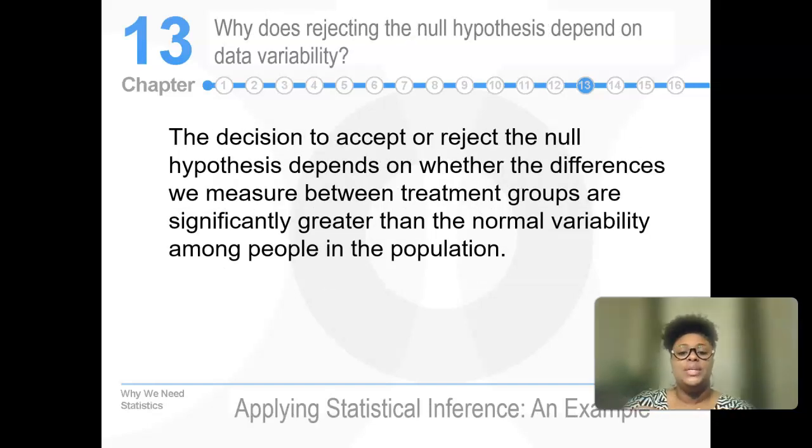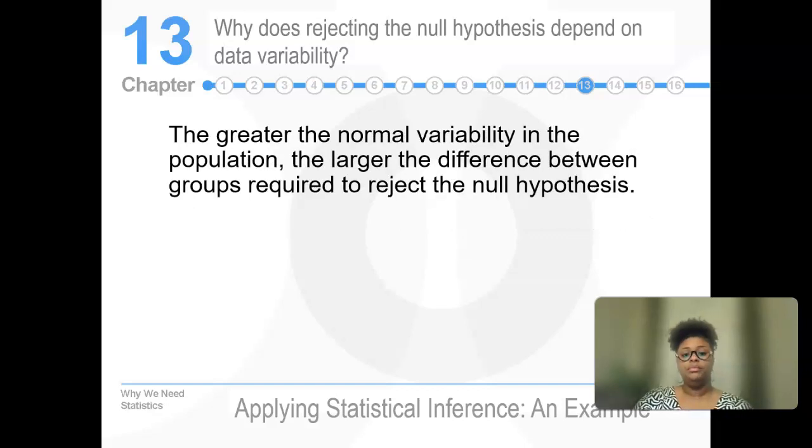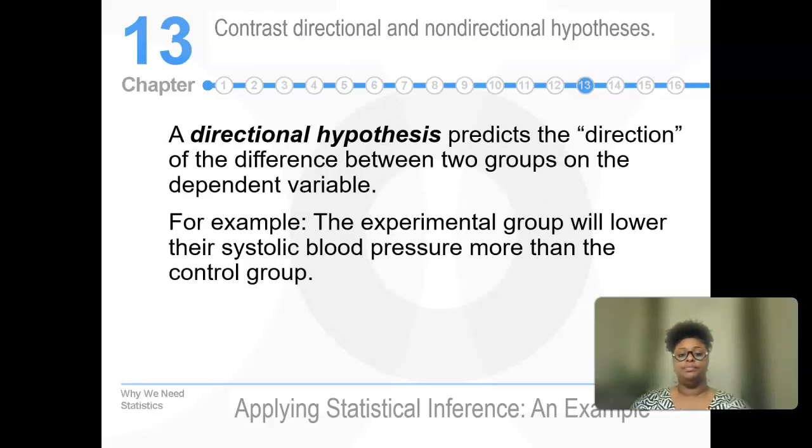So the decision to accept or reject the null hypothesis typically depends on whether the differences we measure between treatment groups are significantly greater than the normal variability among people in the population. So, in essence, the greater the normal variability in the population, the larger the difference between groups required to reject the null hypothesis, or to say that there is no significant difference.